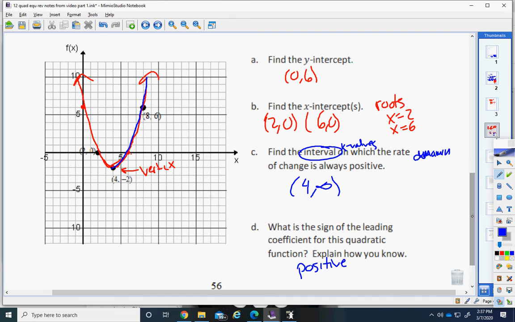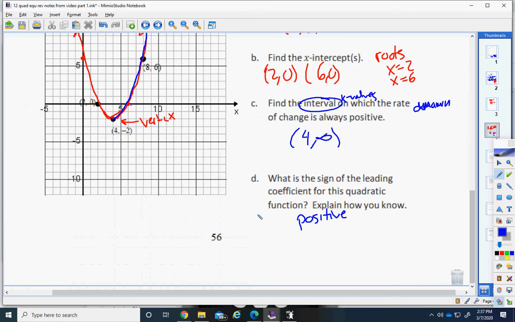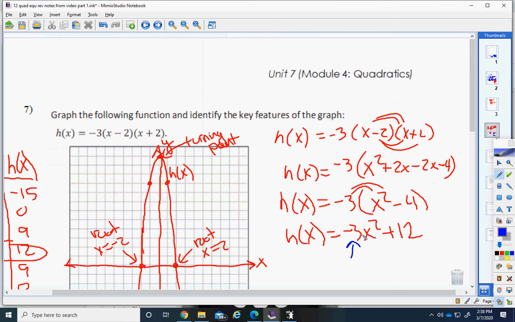and if you're unsure why, I want to look back up to this one. Notice this parabola is opening downward. It's because the leading coefficient is negative. Since this parabola is opening upward, its leading coefficient must be positive. Something else that we should know is that if this number is greater than 1, it's going to be narrow.